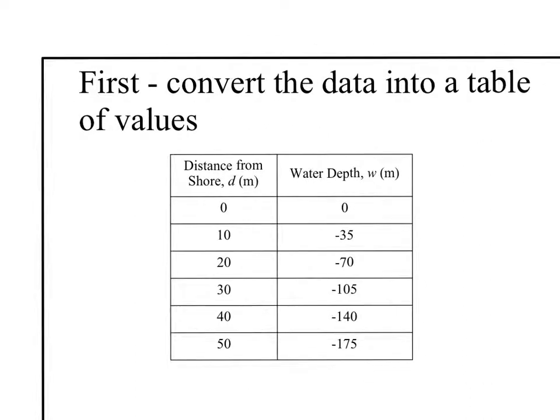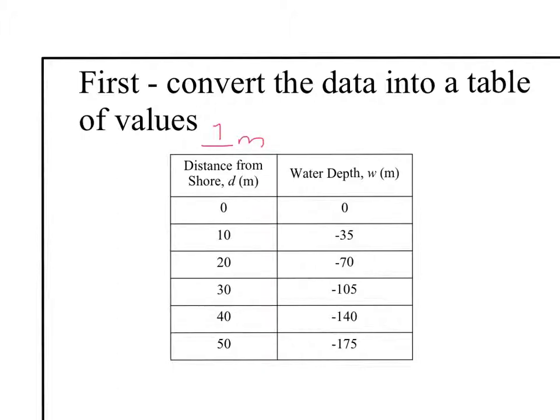Converting those numbers into a table of values, distance from shore is 0, the depth of the water is 0. When you're 10 meters from shore, the depth is negative 35, at 20 you're at negative 70, and so on. So this is all great, you have the depth. Now, when you're finding the equation, you're always finding it from a point where the distance from shore is 1 meter, and then you find the depth of the water.